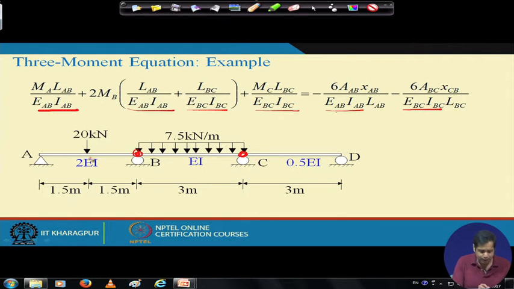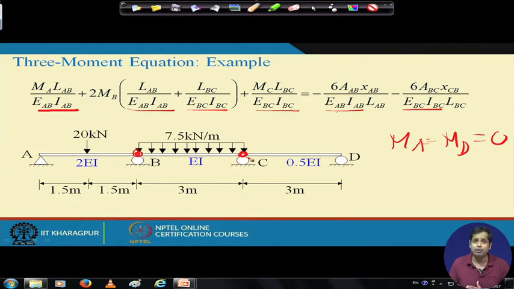Then apply the three moment equation at B, considering span ABC, and apply the three moment equation at C, considering span BCD. We know that the moment at A is equal to the moment at D, and that is equal to 0. So the only unknowns are the moment at B and the moment at C.